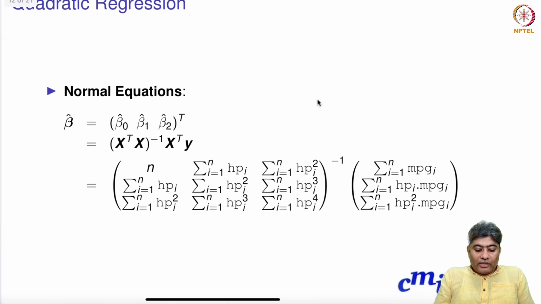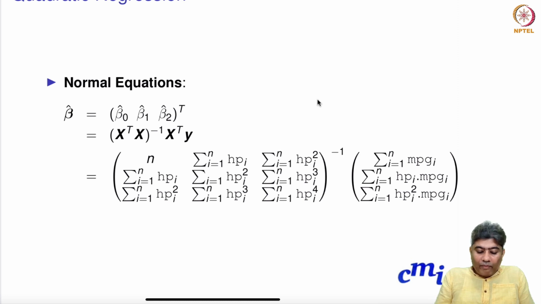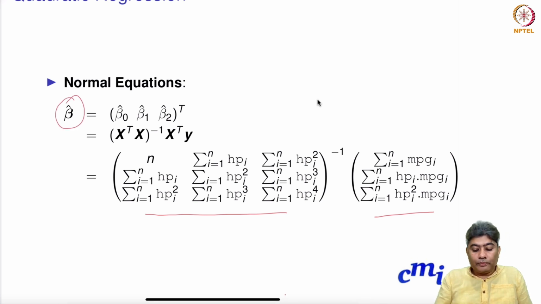So how can we solve this quadratic regression? The same way: X transpose X inverse, X transpose y, and you can solve this by yourself. This is your X transpose X, you take the inverse of that, and this is your X transpose y. If you multiply these two matrices, what you will get is your beta hat.